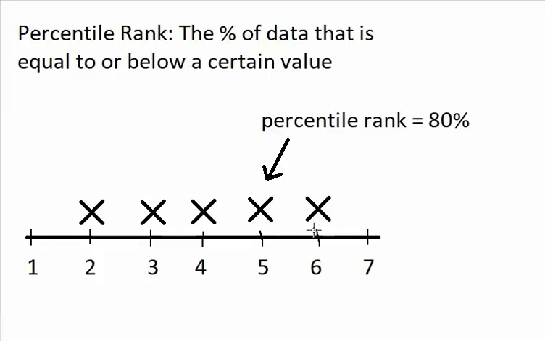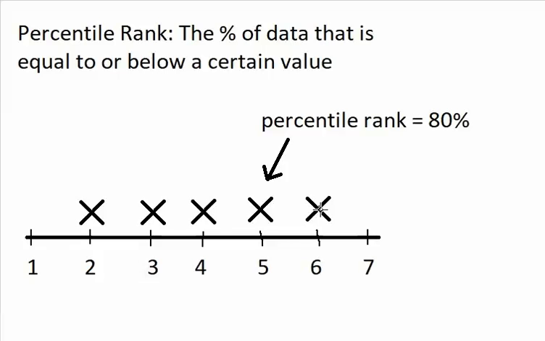And I think you can see that if you look at this diagram, because there are 1, 2, 3, 4 values that are 5 or lower, and there's a total of 5 values, which means that 4 out of 5 values are 5 or lower, which means 80% is 5 or lower, because 4 out of 5 is the same thing as 80%.